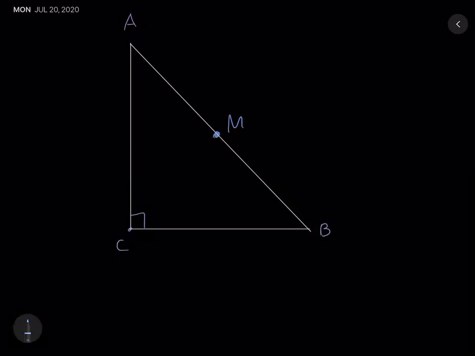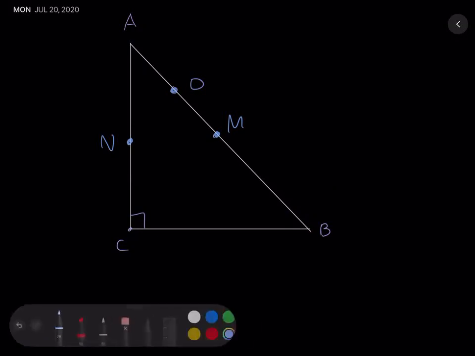Point N is the midpoint of AC. And if you have questions, MN is parallel to BC because they're both midpoints, those are similar triangles. And point O is the midpoint of AM. So the perimeter of ABC is 112.